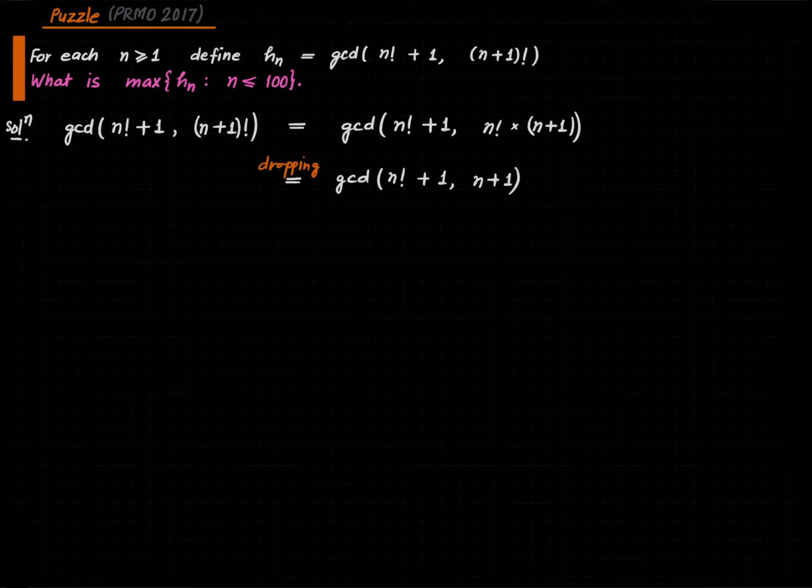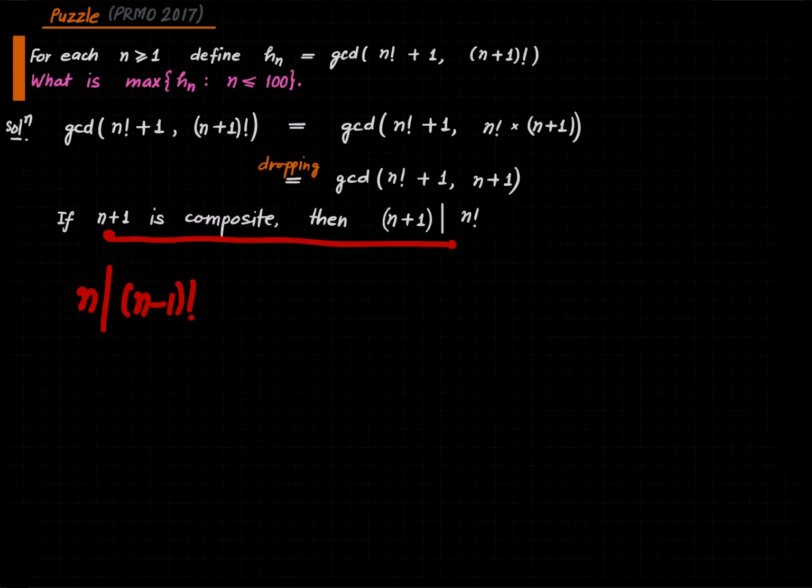Right. Now if n plus 1 is composite, then as we saw previously a few slides ago, n plus 1 divides n factorial. What we showed was if n is composite, then n divides n minus 1 factorial.